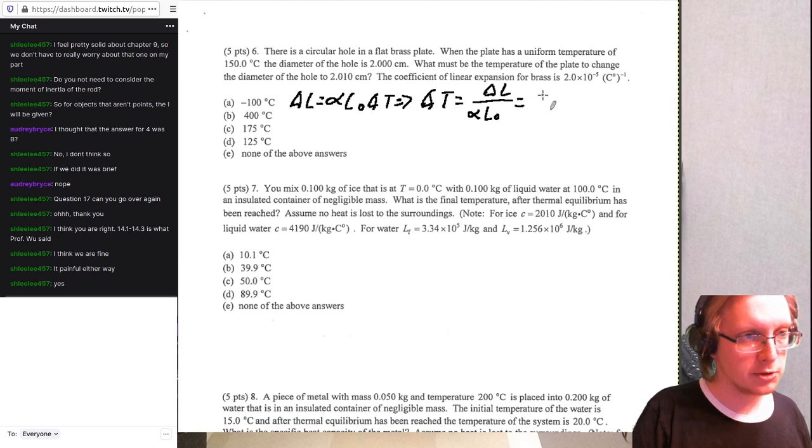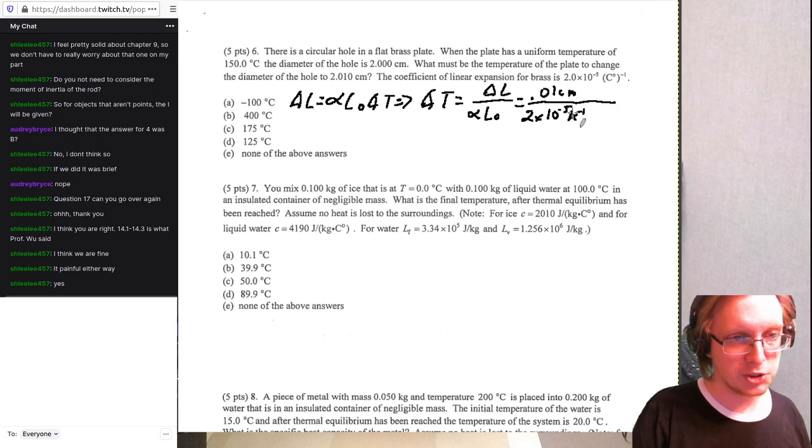All right, so it's going to increase by 0.01 centimeters divided by alpha of 2 times 10 to the minus 5. This should be Kelvin inverse. And our initial length is 2 centimeters.